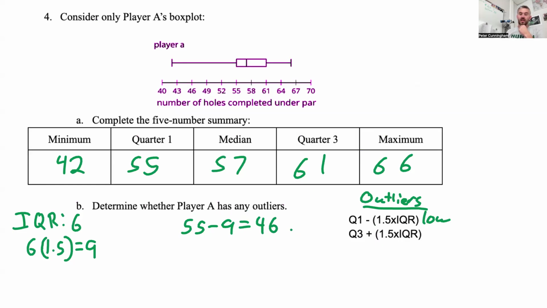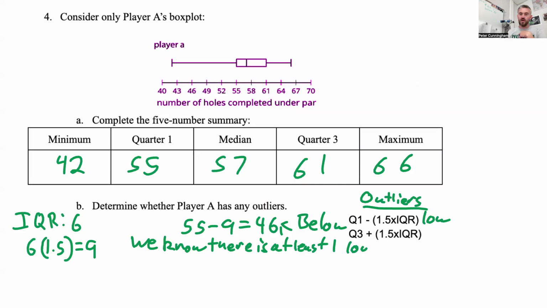Well, to be an outlier, a low outlier needs to be below this number right here. Do we have any numbers that are going to be below 46 for player A? Well, we know the minimum is below that, so we know there's at least one. So does player A have any outliers? Well, we know there is at least one low outlier.